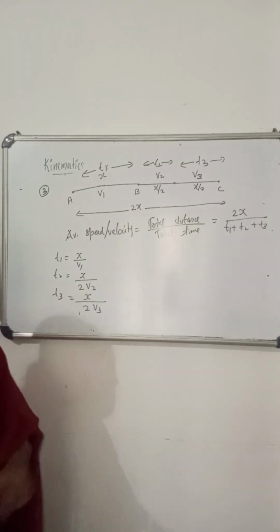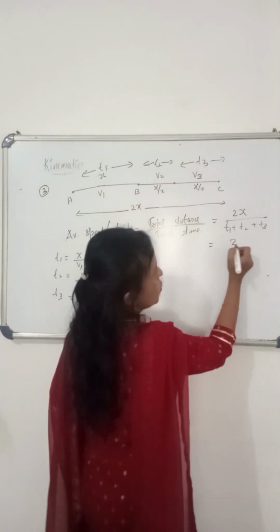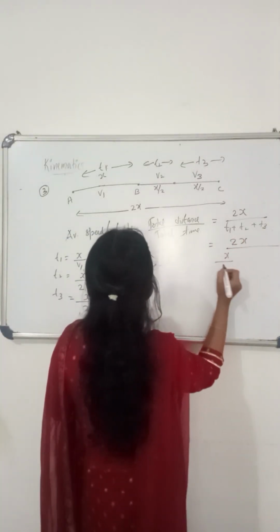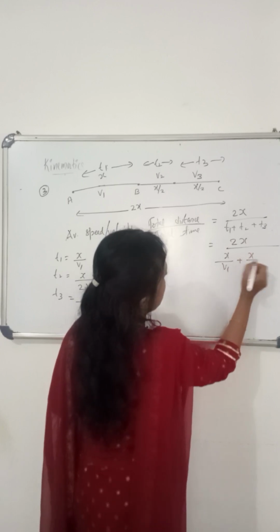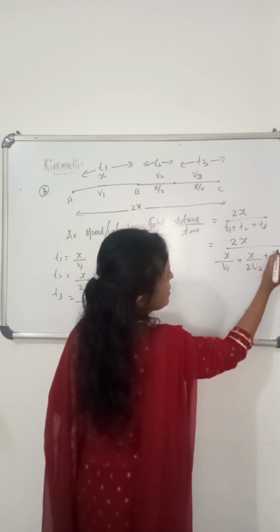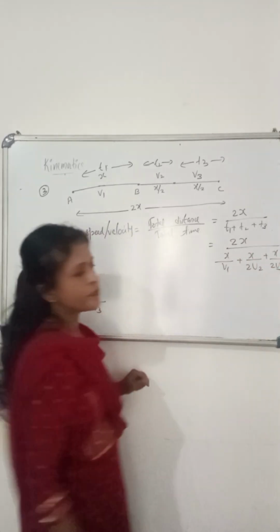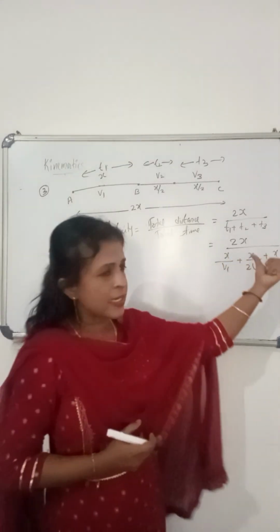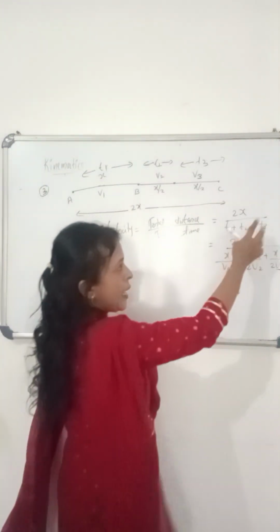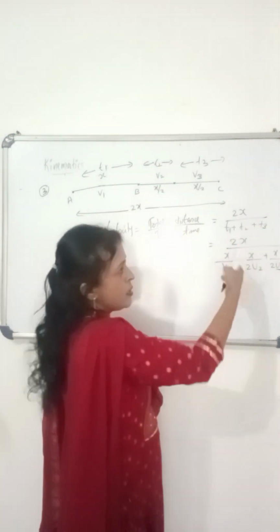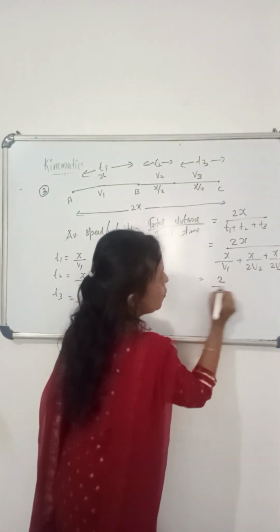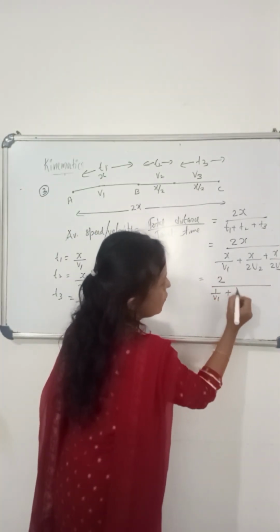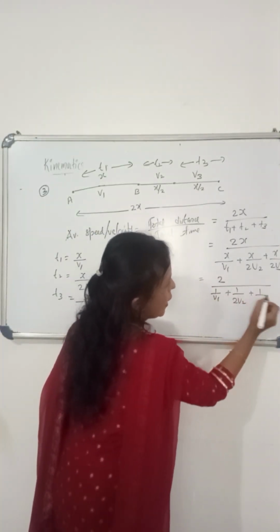Just substitute: 2x divided by x by v1 plus x by 2 v2 plus x by 2 v3. Here x is common, take it out and cancel, then it equals 2 divided by 1 by v1 plus 1 by 2 v2 plus 1 by 2 v3.